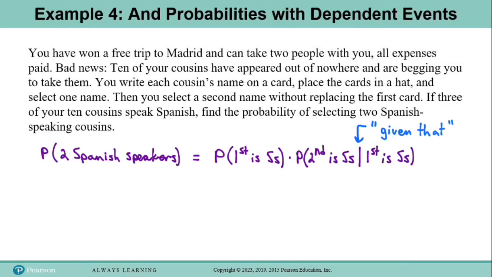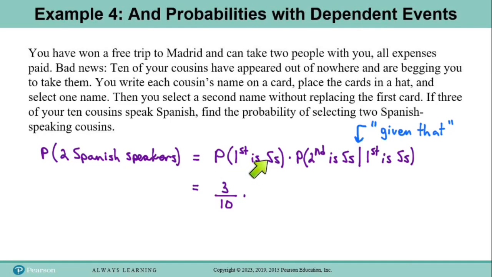Okay, now there are 10 names in the hat and 3 of the cousins speak Spanish. So the probability of drawing a Spanish speaker on the first draw would be 3/10. And that's going to be times the probability that the second one speaks Spanish given that the first one did. Now, pulling a name out of the hat means that there are now only 9 cards left in the hat.